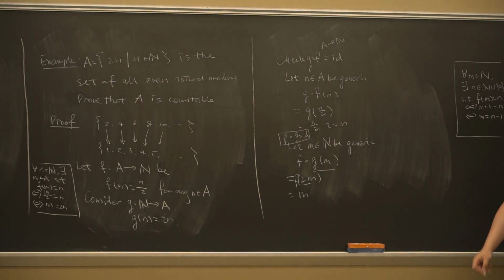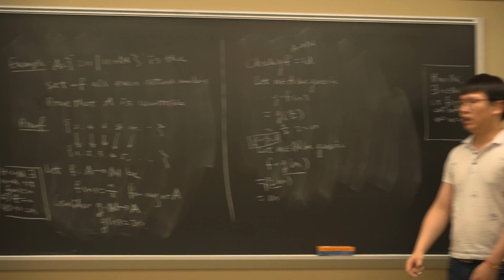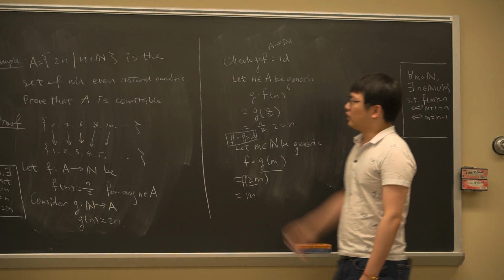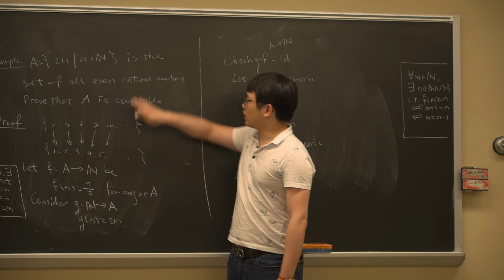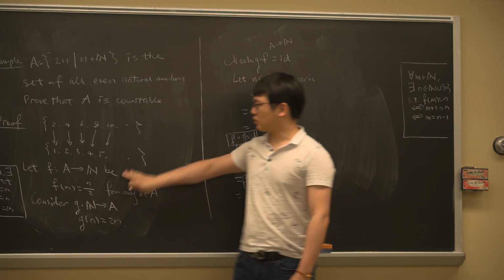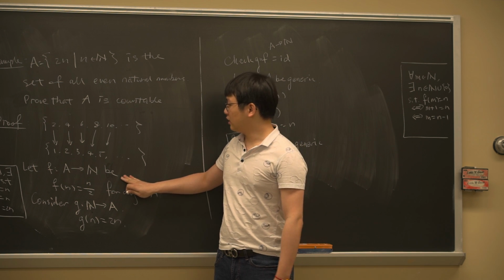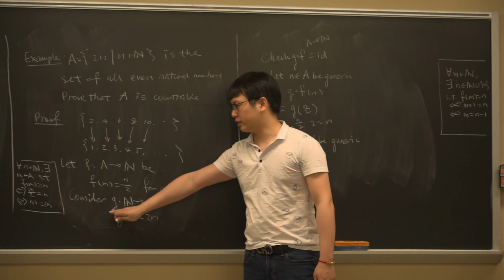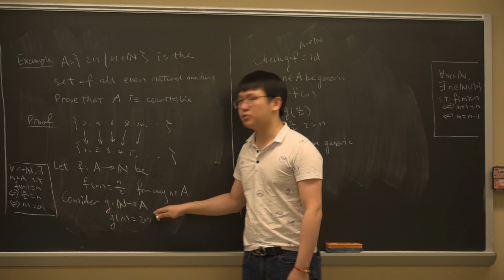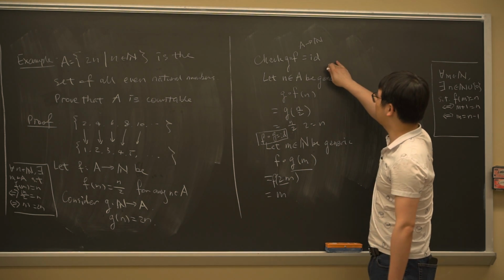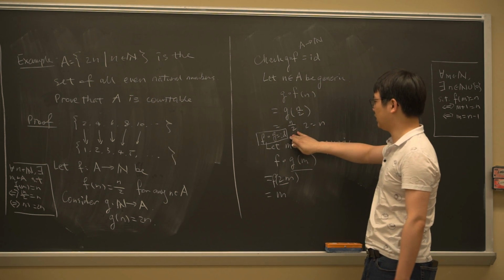Okay. So this is a concrete proof that the set A is countable, right? What we did is we constructed the map, and we tried to show it's bijective by constructing its inverse. We construct the inverse map, and then we check that f composed with g is identity, g composed with f is identity.